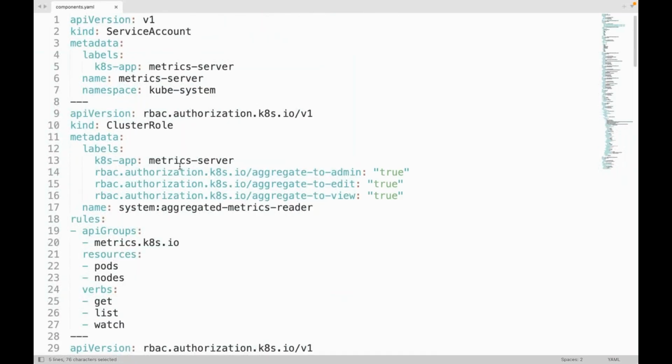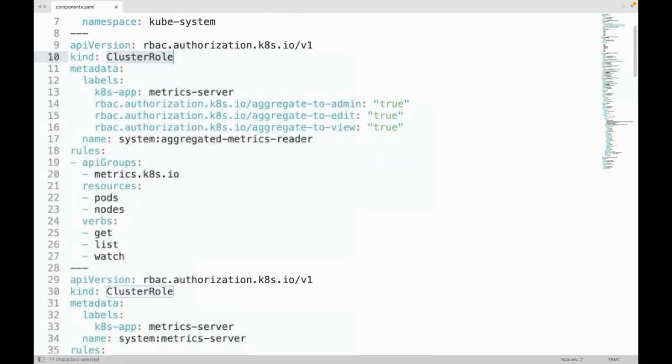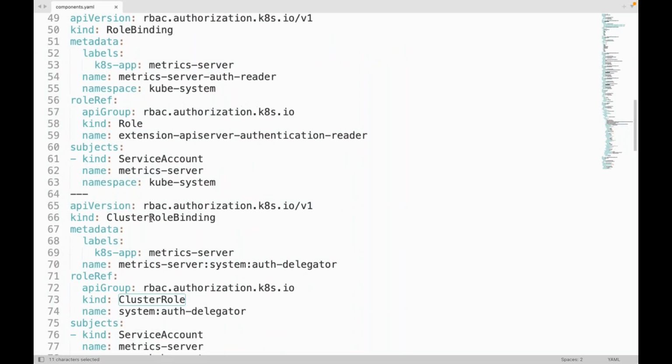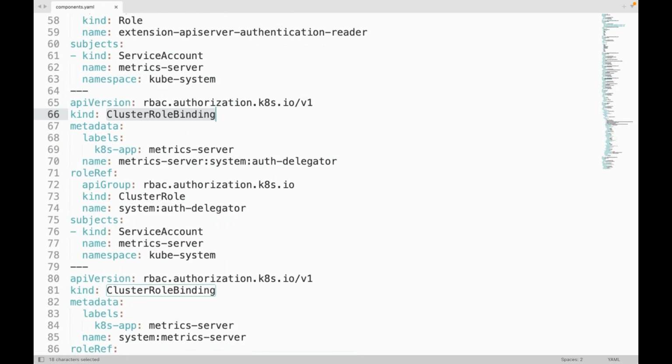Now, along with this, I see something else. I see some service account, cluster roles, role bindings. What is this basically? These are basically permissions for that application, the metric server, on what it can do in Kubernetes. The metric server needs to talk to the Kubernetes APIs.